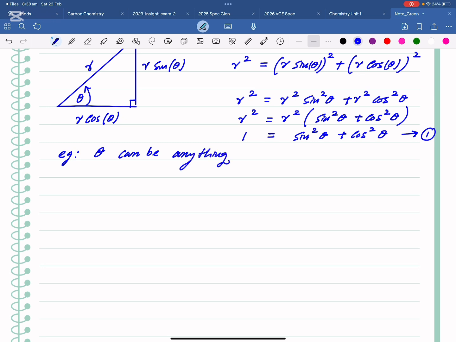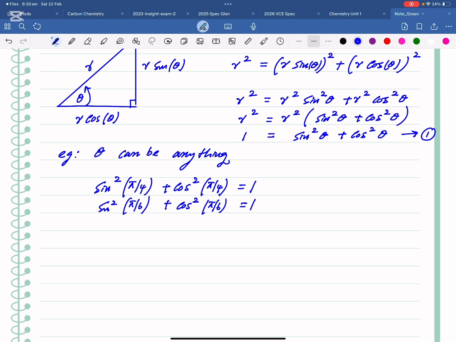Meaning, this is true if theta is equal to any number, like sine squared pi divided by 4 plus cos squared pi divided by 4 is equal to 1. If you have sine squared pi divided by 6 plus cos squared pi divided by 6, also 1. So likewise for any angle this would work.